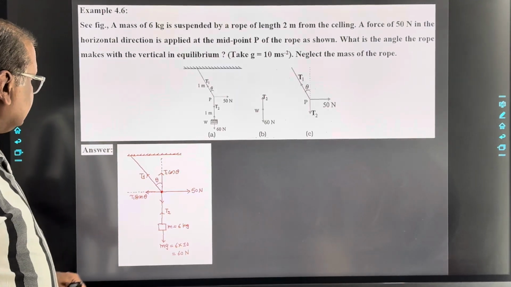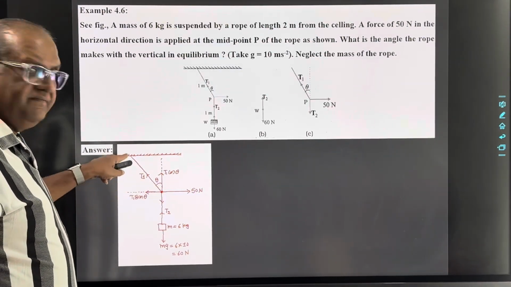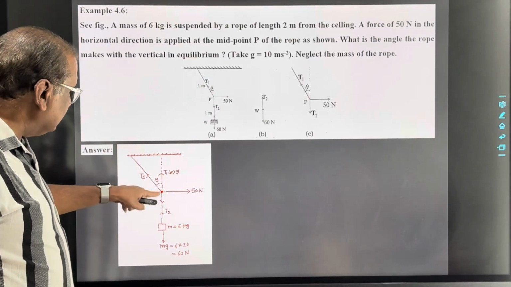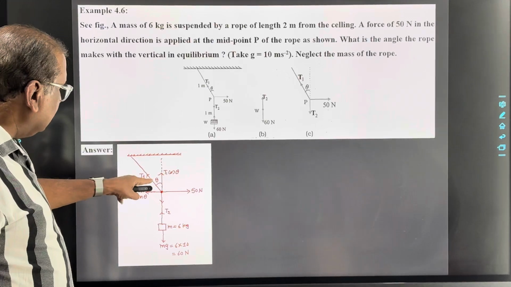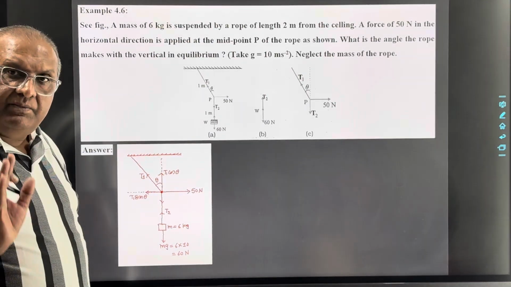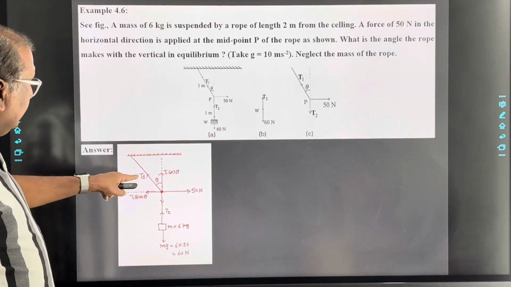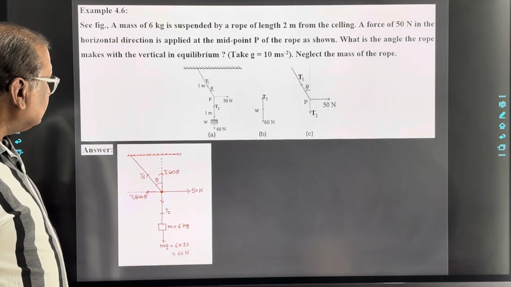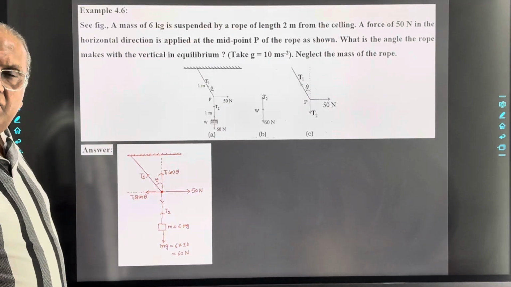So here we can say the tension will be produced in this upper part of the rope as well as in the lower part of the rope. And suppose the angle made by the rope with vertical in equilibrium position is theta, the tension in the upper part is T1, and the tension in the lower part is T2.